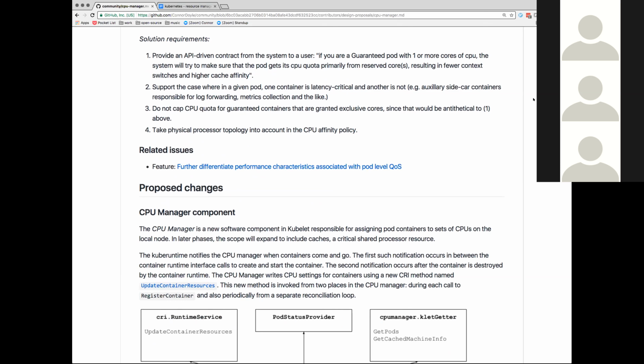So we don't want to necessarily dedicate an entire exclusive core to something that's just doing something on the side that's not important to actually serving user requests. Number 3 is that we want to avoid capping CPU quota for guaranteed containers because that would be counterproductive with respect to number 1, and also take physical processor topology into account.